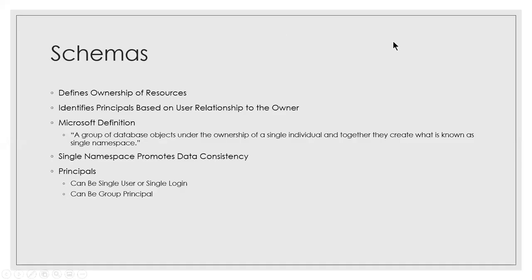And the way that we can define that, Microsoft actually has a great definition of this: a group of database objects under the ownership of a single individual. Together they create what is known as a single namespace. And in a minute, I'm going to mention a couple of schemas that you may have seen already as we have been studying databases. This single namespace idea actually promotes data consistency.